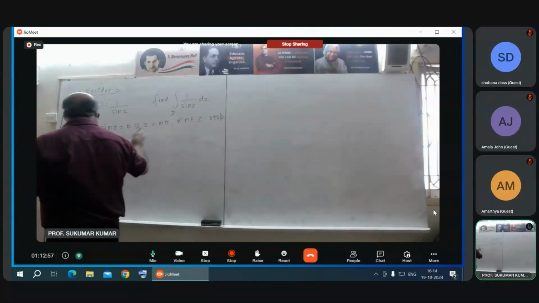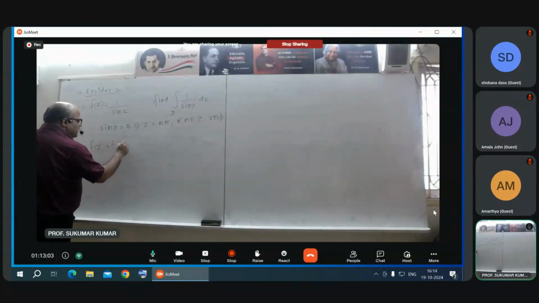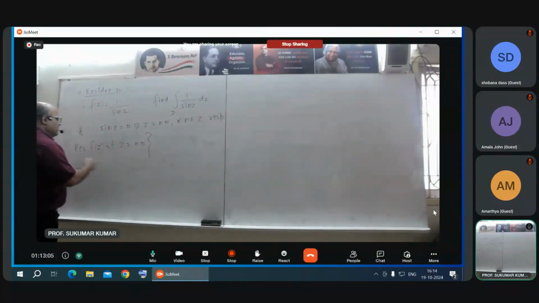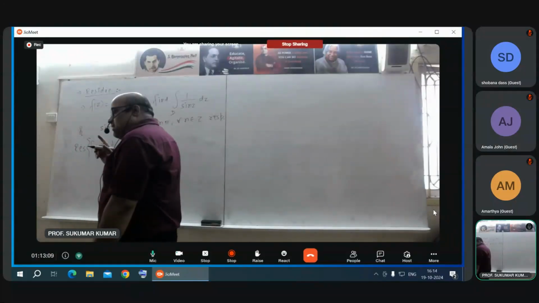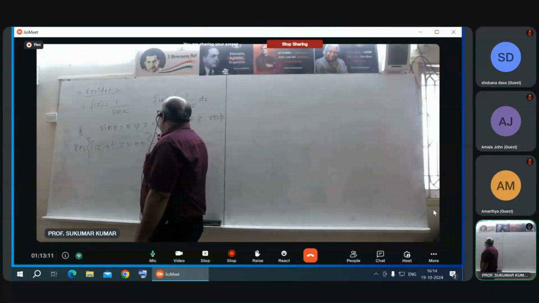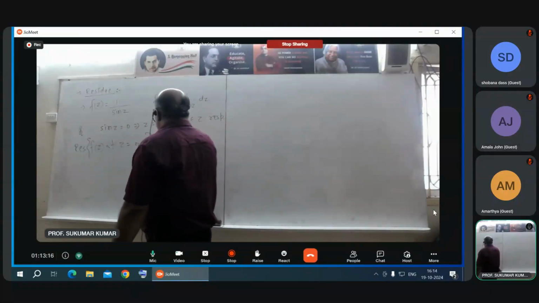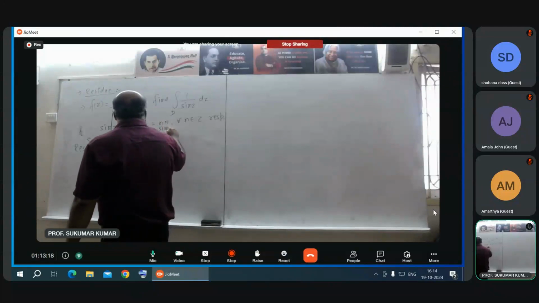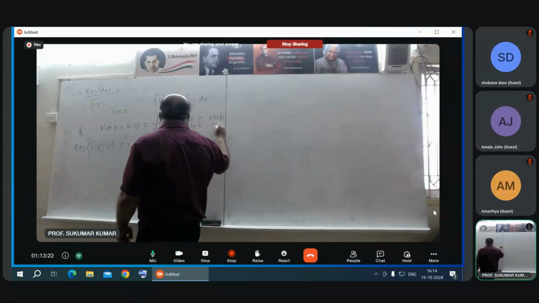So residue here possible. So suppose I am finding residue of f of z at z is equal to n pi for all n integer respectively, I am going by our common formula, and all are simple zeros, simple pole. I can write this is simple pole respectively for all n.